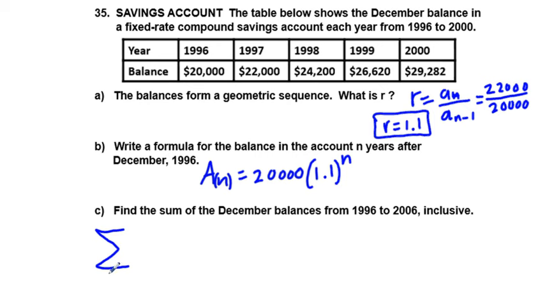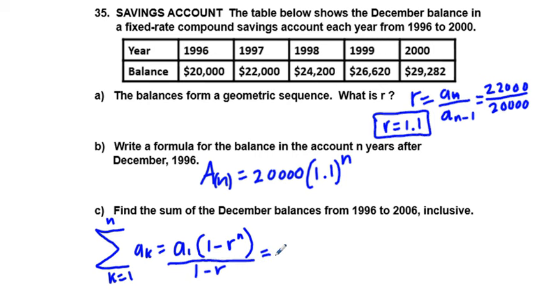If we want the sum from k equals 1 to n of a sub k, we get a sub 1 times 1 minus r to the power of n, and that's going to be over 1 minus r.